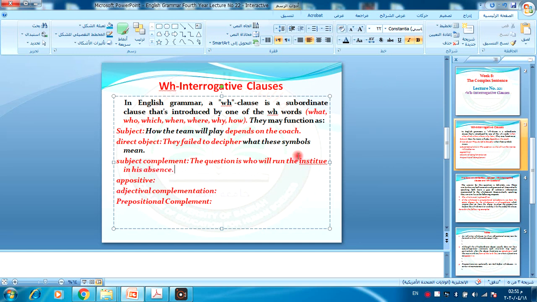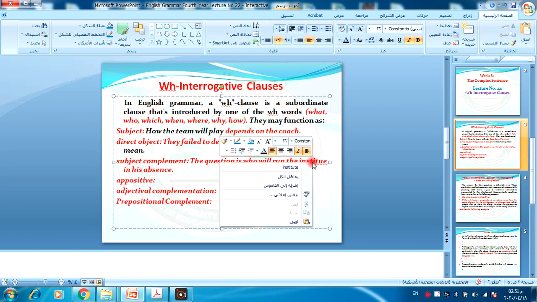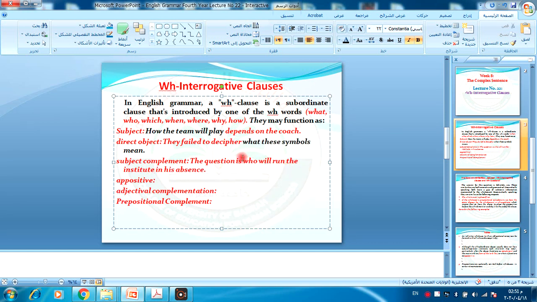So who will run the institute in his absence is the subject complement. The WH interrogative clause here functions as a subject complement.